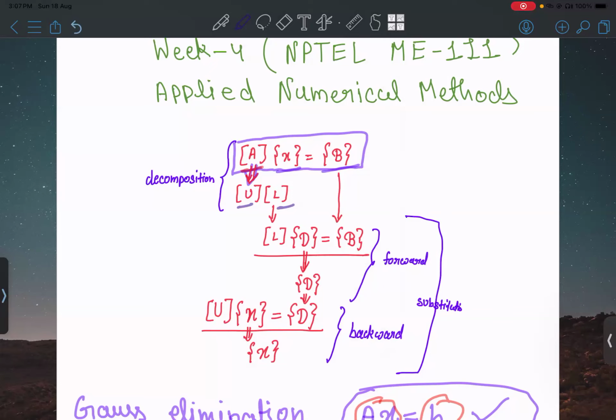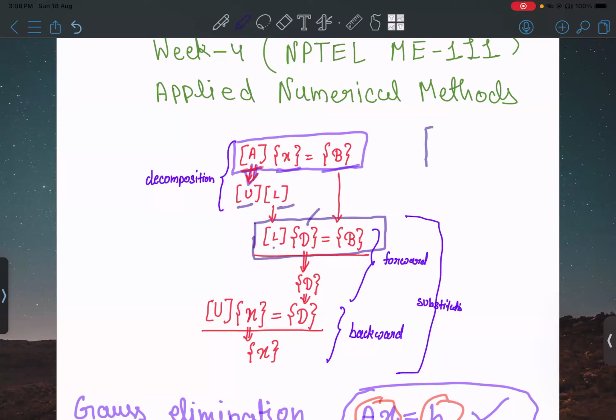Then we will try to solve an LD equal to B type of problem. What is this D we are trying to find? Since L is a lower triangular matrix, solving this equation, LD equal to B, will not require any elimination process.